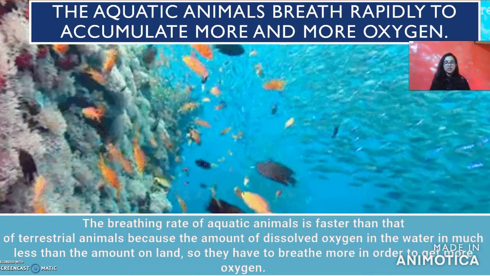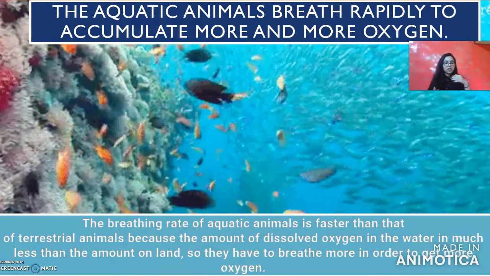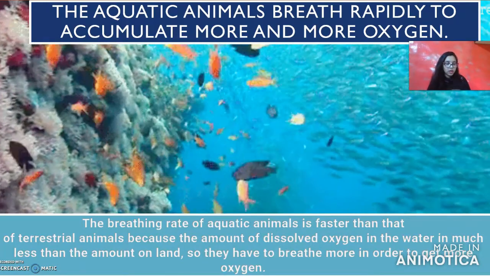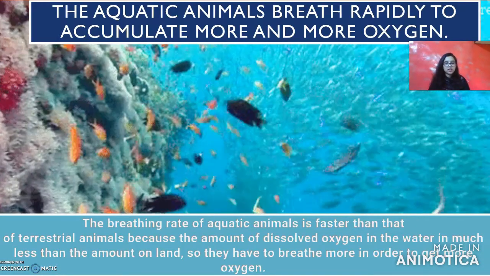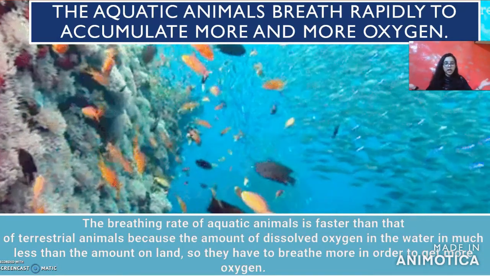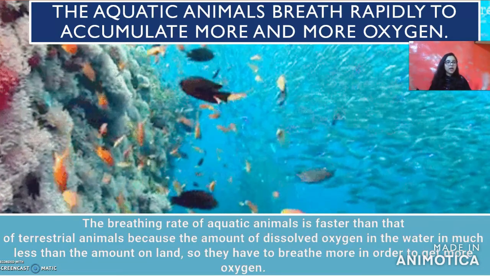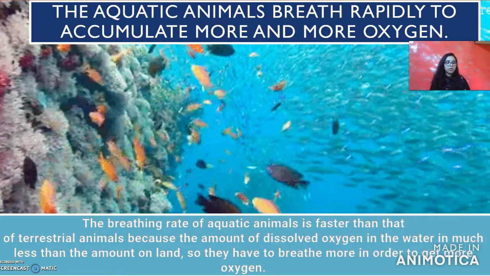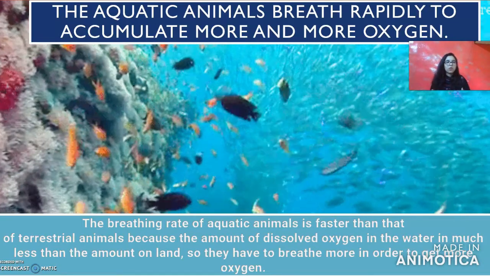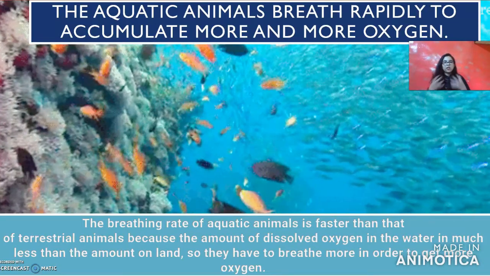Because the amount of oxygen dissolved in water is much less than the amount on land or in the air. And that's why they have to breathe more and more in order to get more oxygen. That's why they breathe rapidly.